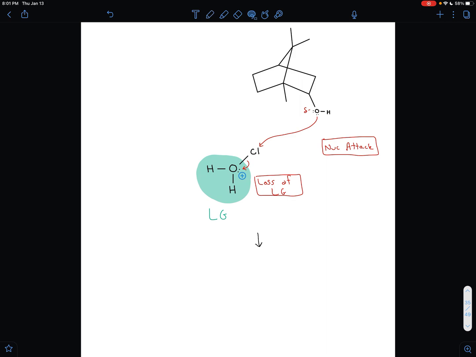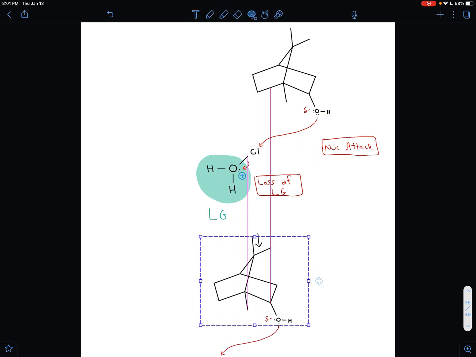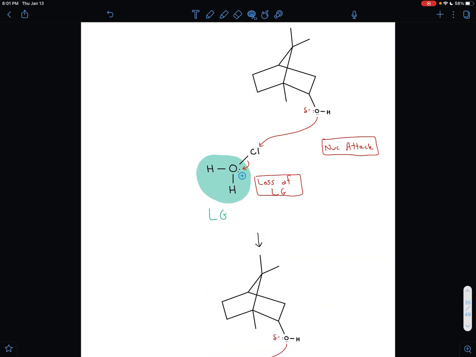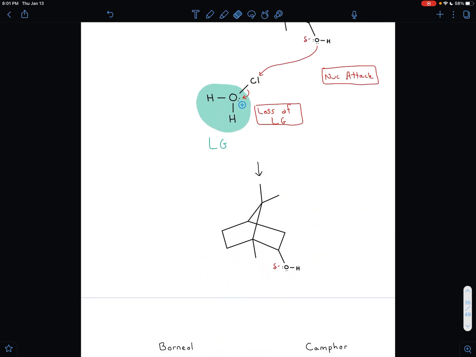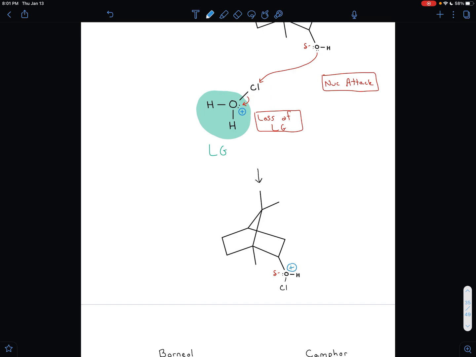And at the end of this, you would have this now bonded to a chlorine. The oxygen here has a positive charge. Anytime oxygen has 3 bonds, it has a positive charge. And then floating around in the solution is a water molecule.